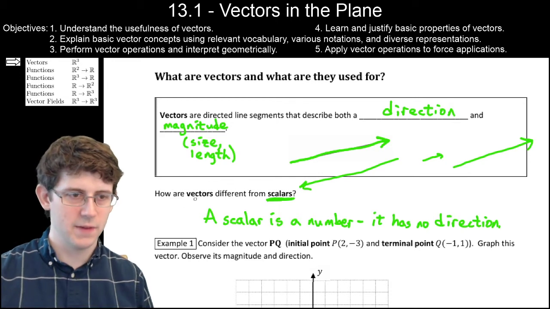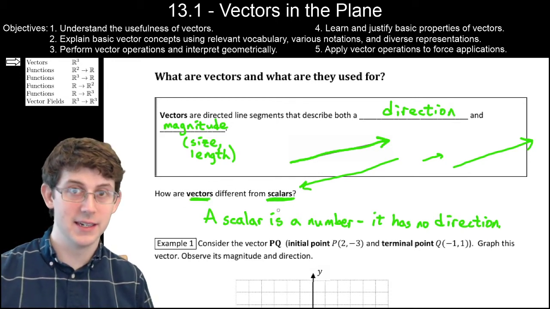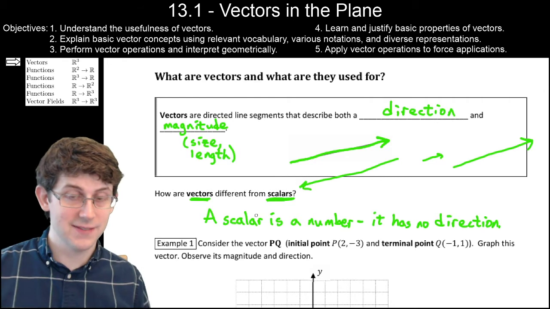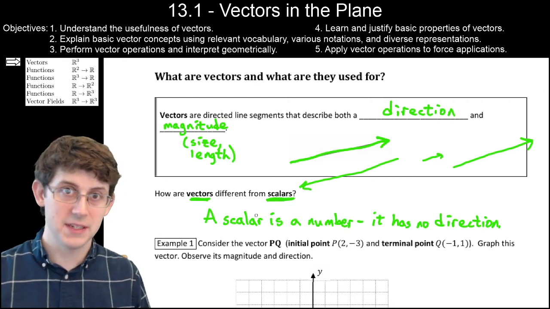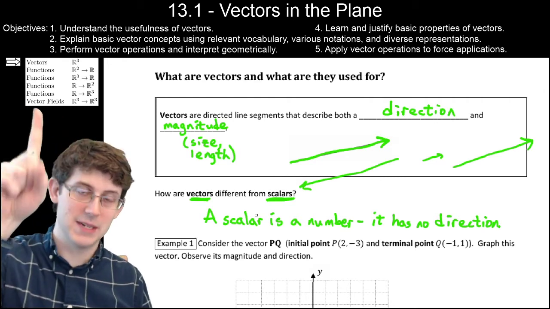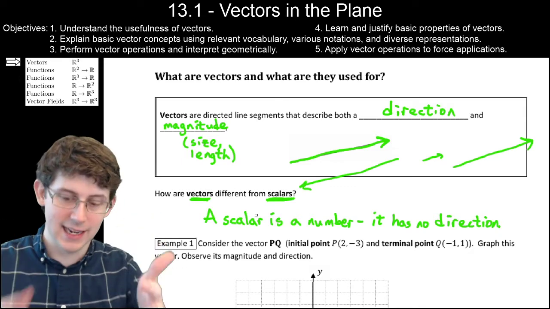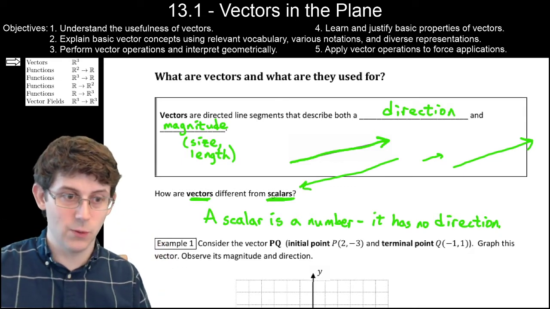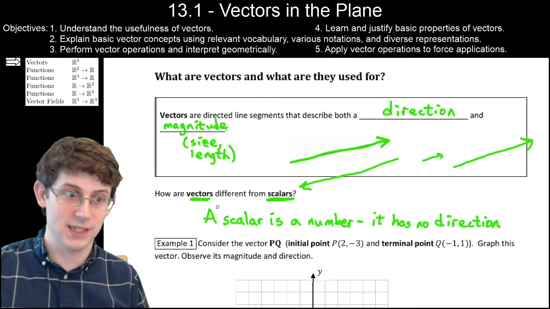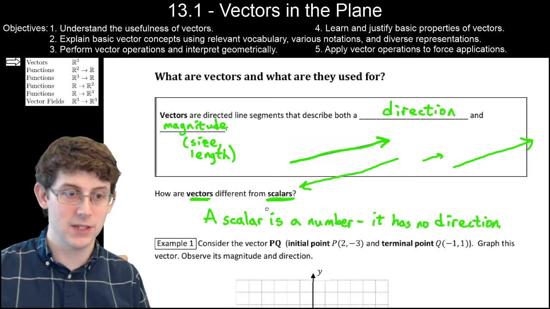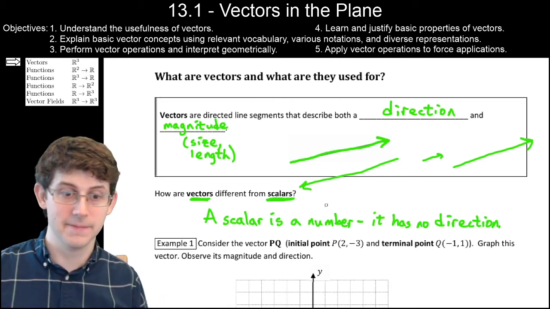So a vector is an arrow, a scalar is a number. Right now, those seem obviously very different from each other, but as we go through the semester, as you can tell by the fact that I've taken up some of the screen with what the data types are, it actually will get confusing which objects are numbers and which objects are vectors. And keeping those separate from each other is really important.